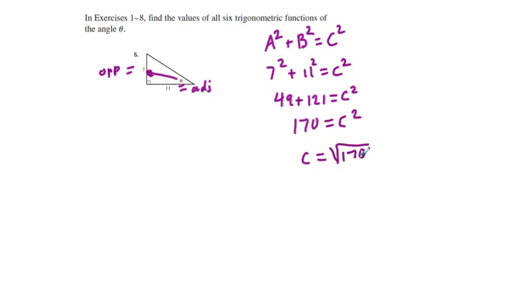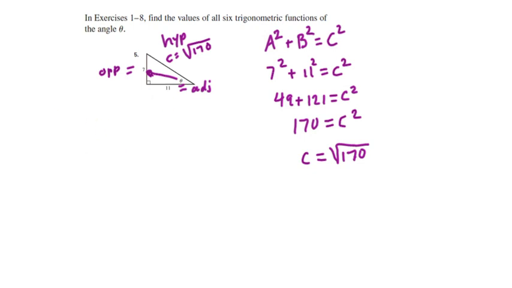And if you've solved quadratic equations using the square root method before, you might be familiar with a plus or minus. But in this case, we know that distance is always positive, so c, side c, our hypotenuse, is equal to square root of 170. And so we're going to label that our hypotenuse. And now we can get to work on finding the ratios.